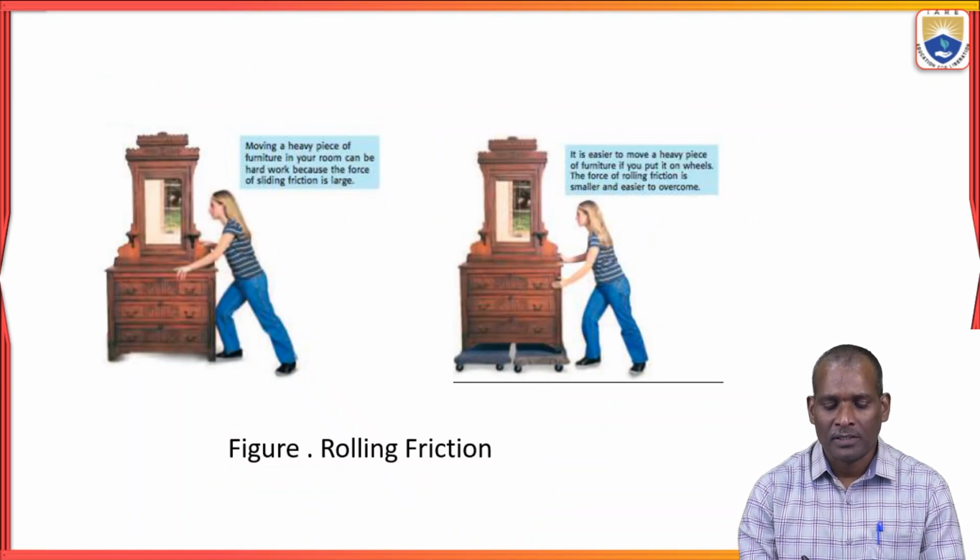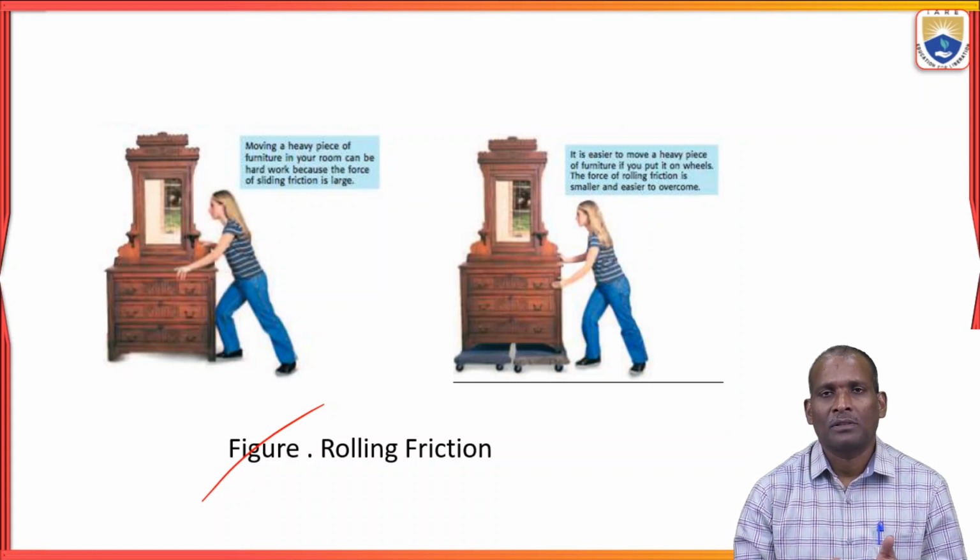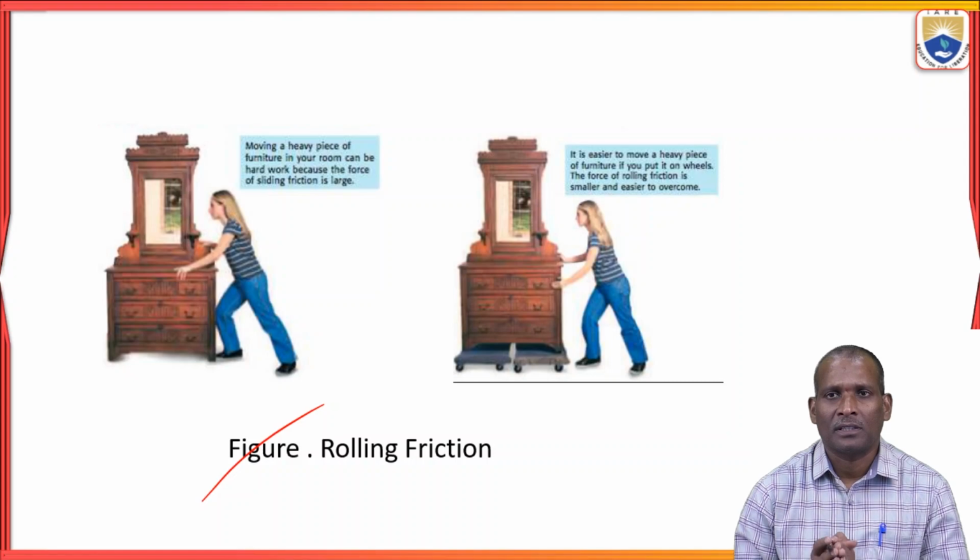See this diagram, another example figure. Here, moving a heavy piece of furniture. Suppose in your room there is a piece of furniture that you want to move from one place to another.